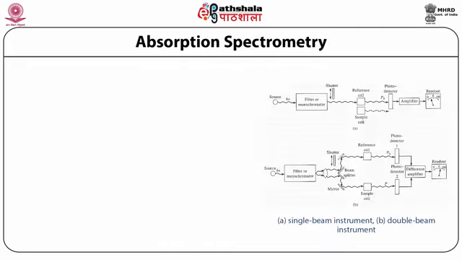So, let us now discuss another optical spectroscopy, that is absorption spectrometry. The first figure shows a single beam instrument and below that we have a double beam instrument.